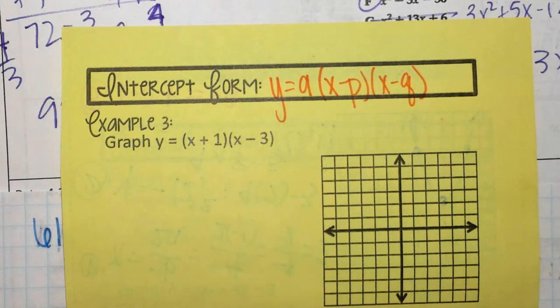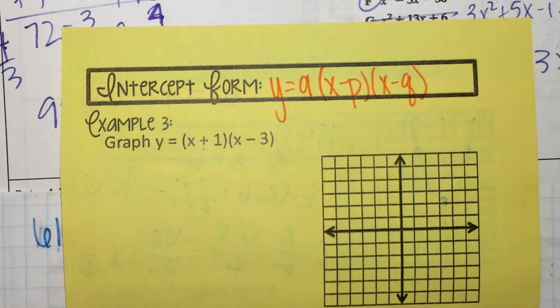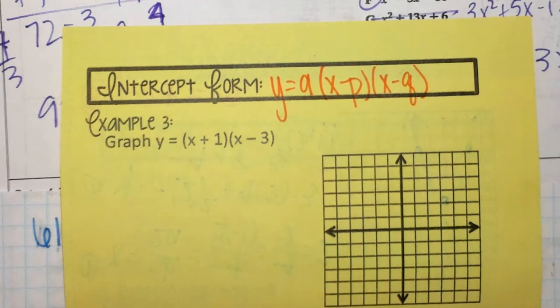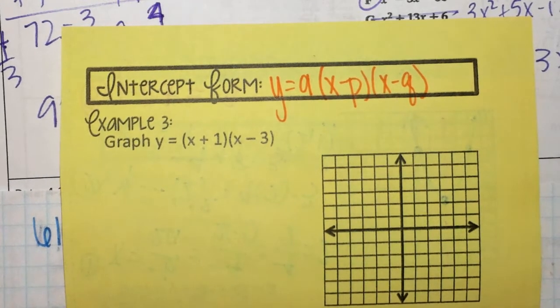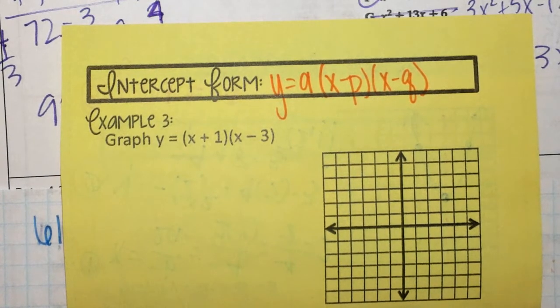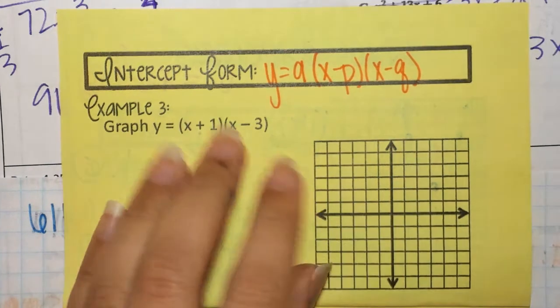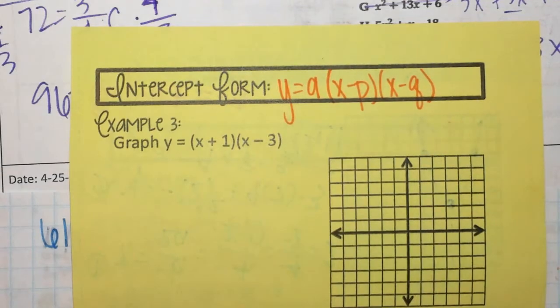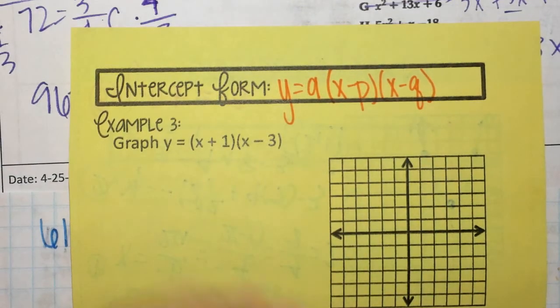Where have we seen two parentheses before? Factoring, right? Any factoring we did, we had two parentheses, except for GCF. So you have to be able to factor to be able to convert to this form. Now, our rules of negatives and positives, whether it opens up or down, still apply.